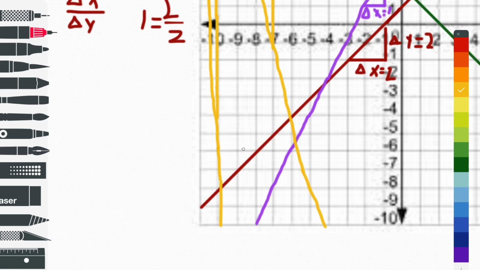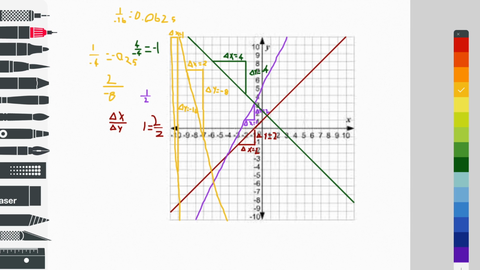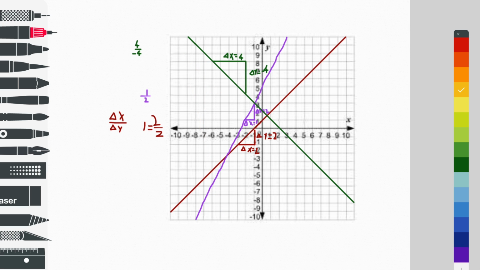But what if the line was basically flat? Or what if the line was basically vertical? What would happen then?